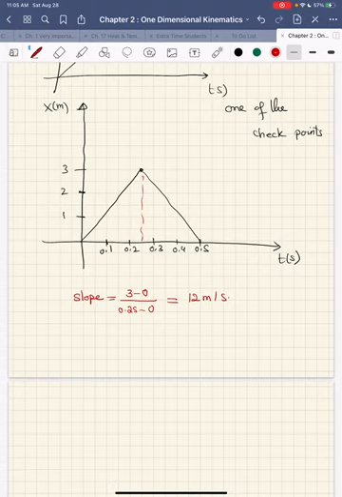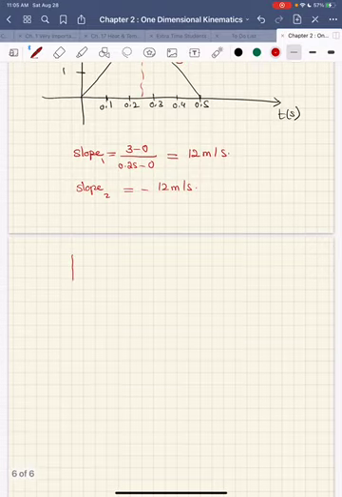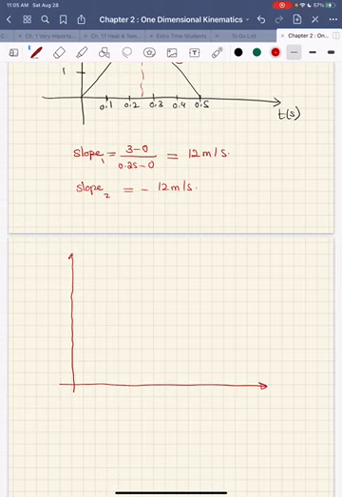Then I will say the other one, the first segment here is slope 1, and here slope 2 is negative 12 meters per second, because I need this value for the next graph, which is going to be v versus time. And here I can have another scale for velocity because my numbers are different.